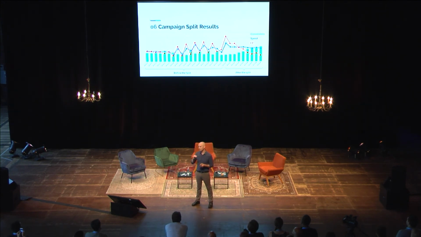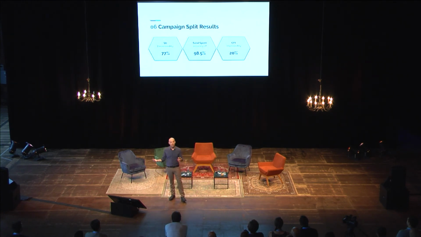The spend was placed horizontally, and the conversions rose. The result of the campaign was a decrease of 77% in the standard deviation, a total spend accuracy of almost 99%, and CPI improved by 20%.